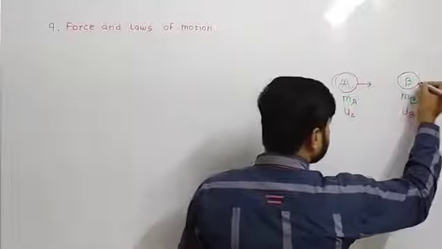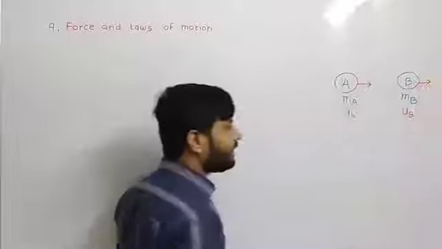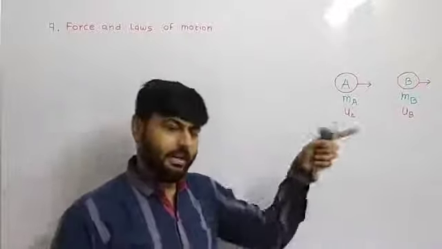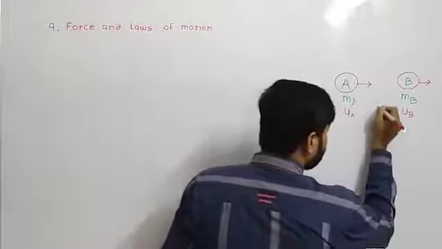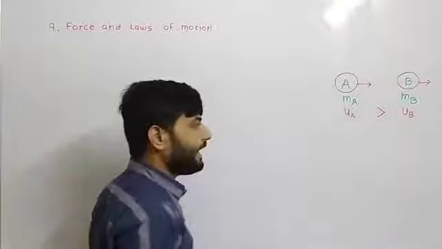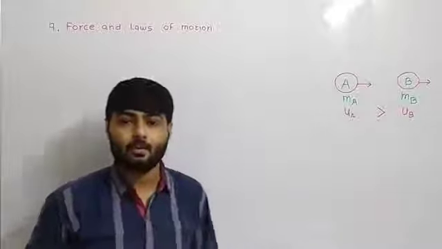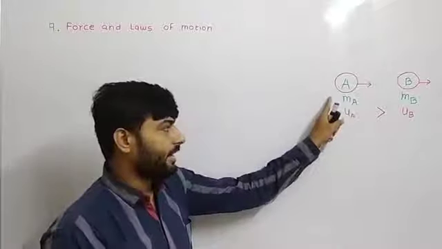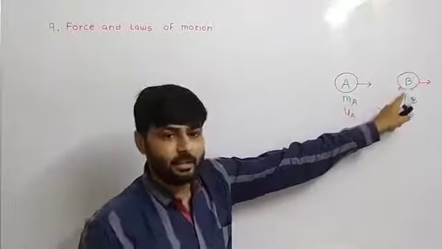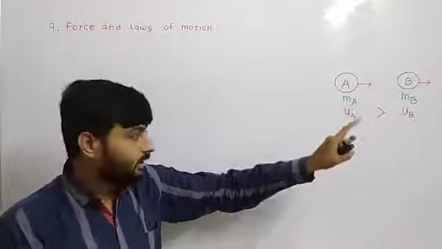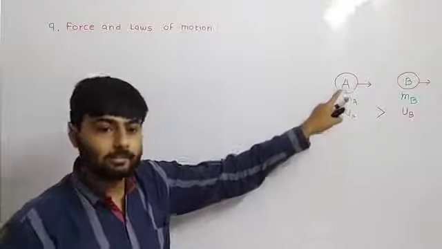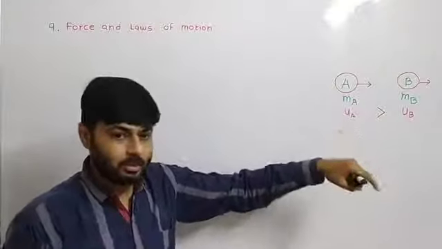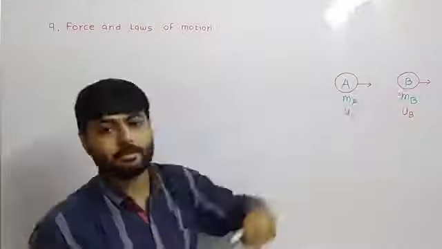Suppose both balls are moving in this direction, and I consider UA is greater than UB, which means ball A is traveling faster than ball B.